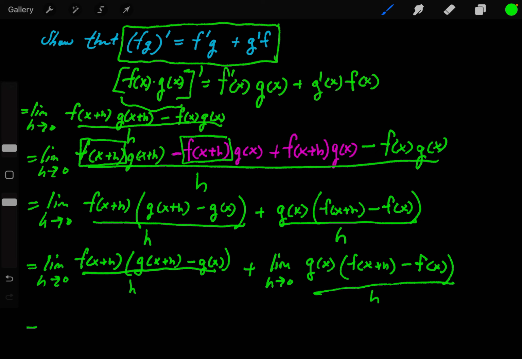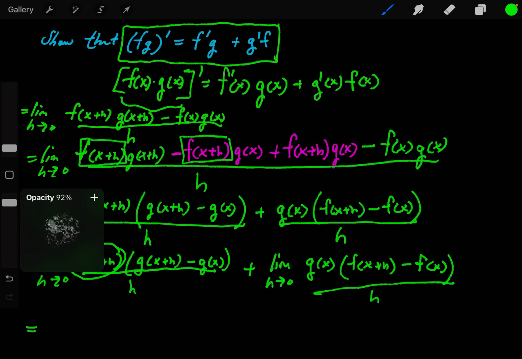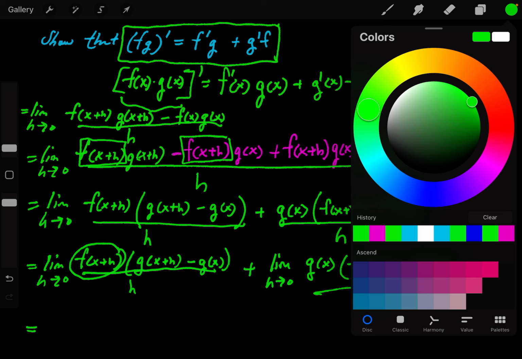And now at this stage we've got to be really careful. The limit of a product is the product of the limits. So I'm going to squeeze in a step here so I don't run out of space.